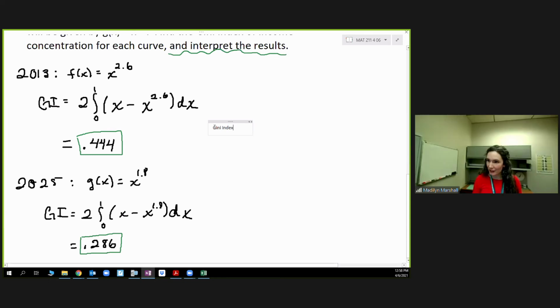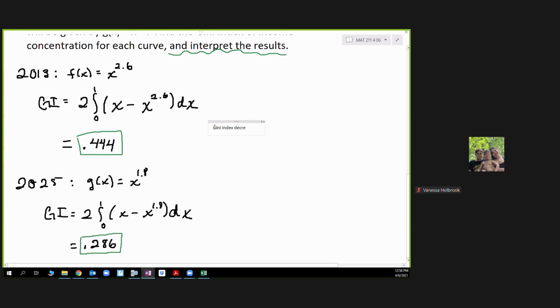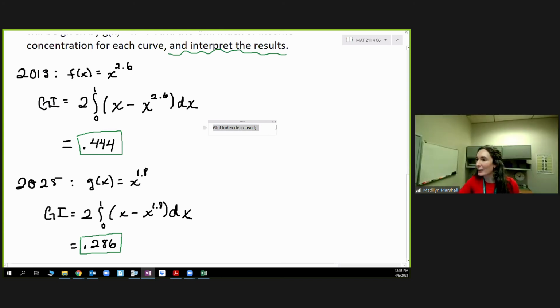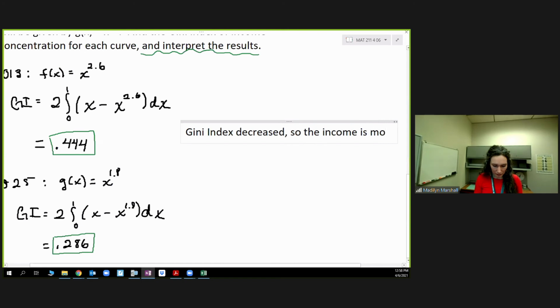So the Gini index did decrease. And what that means in terms of what's going on in these countries is that the income is becoming more evenly distributed.